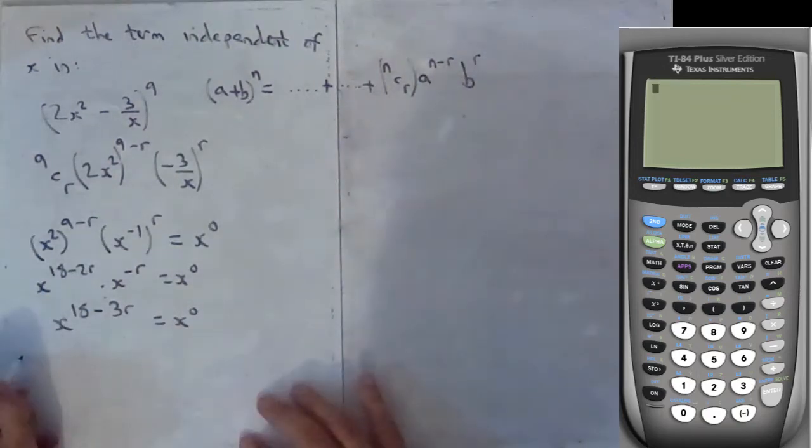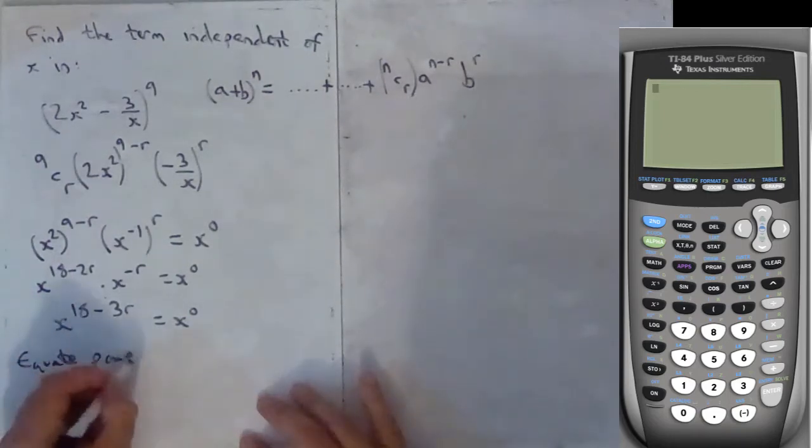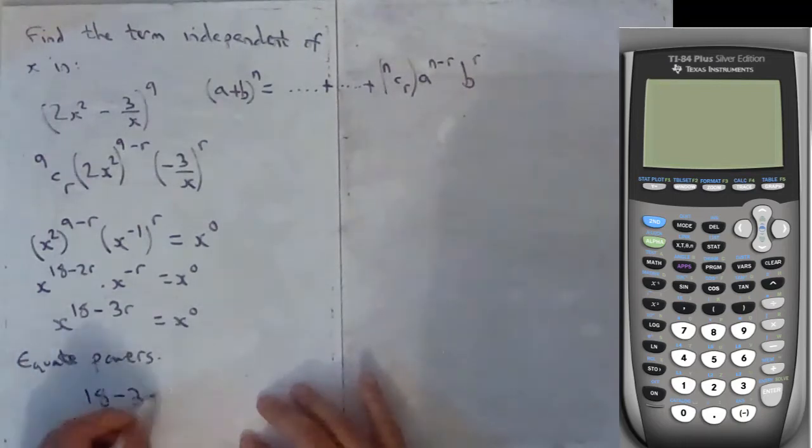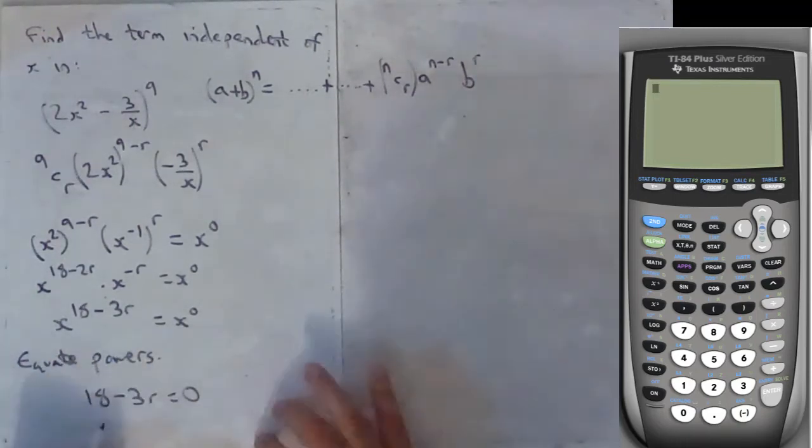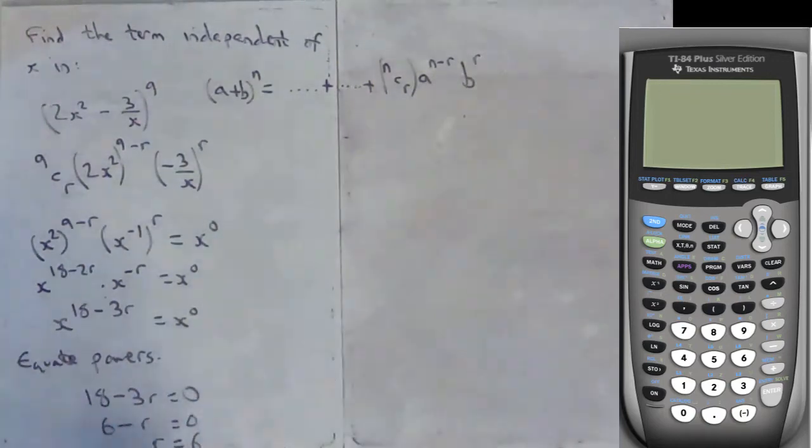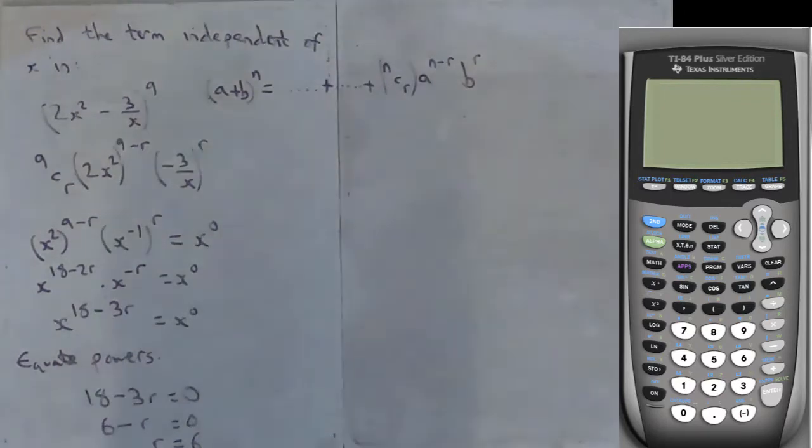Then if we equate the powers, or indices, effectively 18 minus 3r equals 0, which means that 6 minus r equals 0, which must mean that r equals 6. Okay, well, if r equals 6, then n minus r must equal 3.